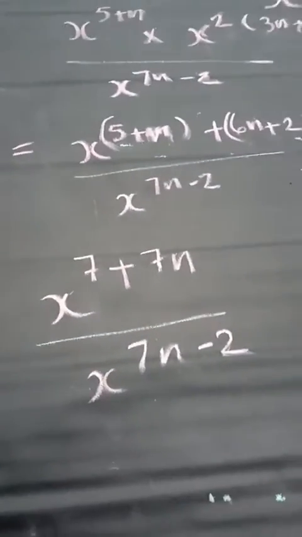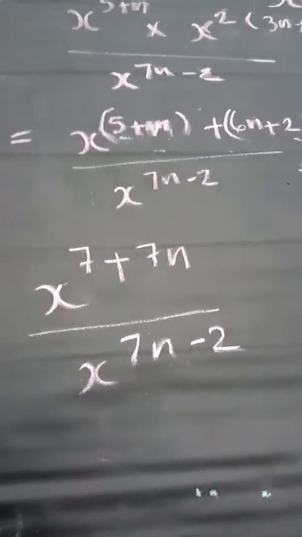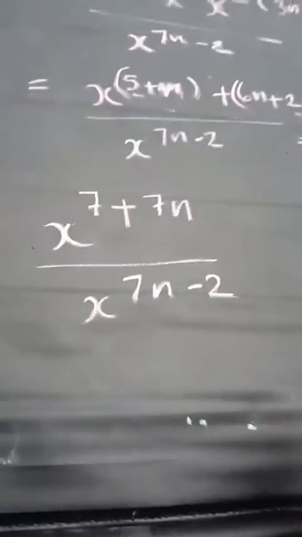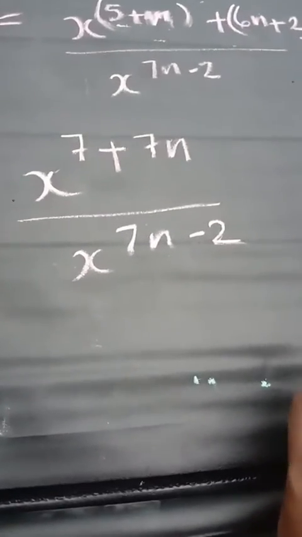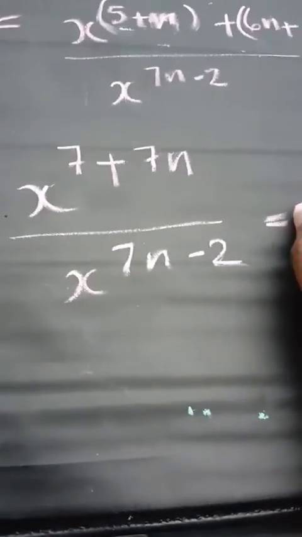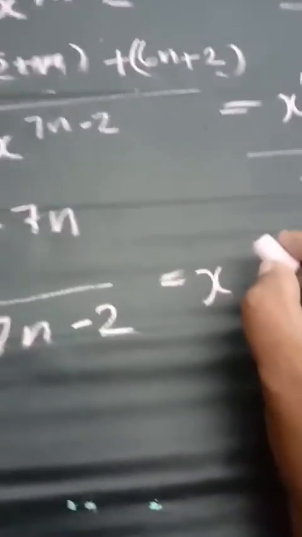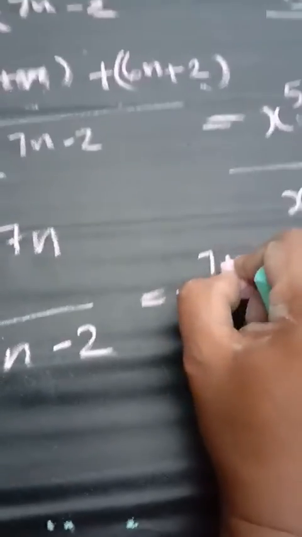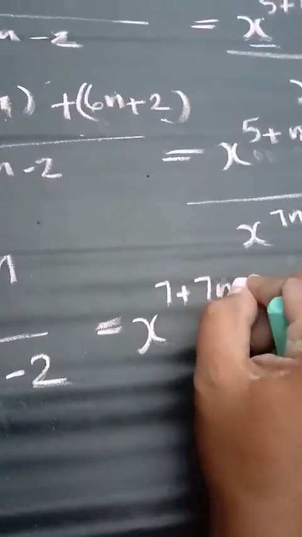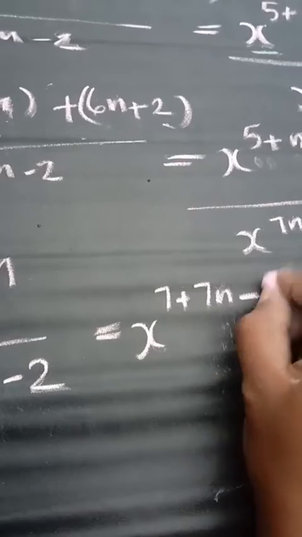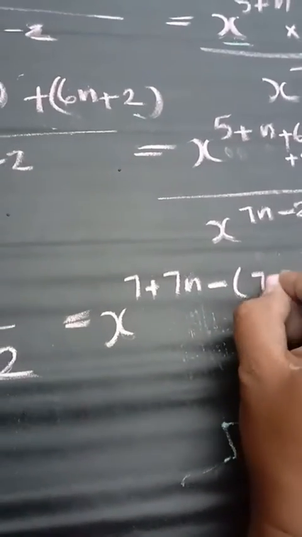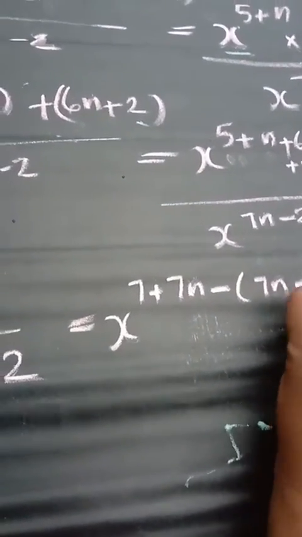So this one can be written as x raised to 7 plus 7n minus (7n minus 2).